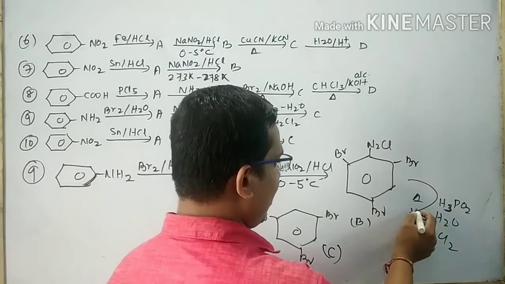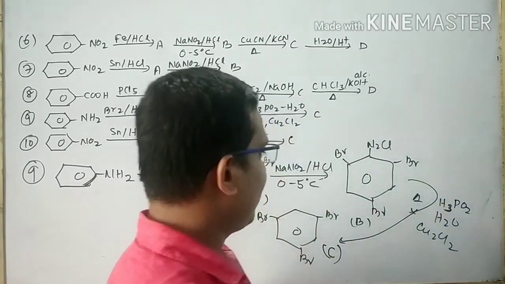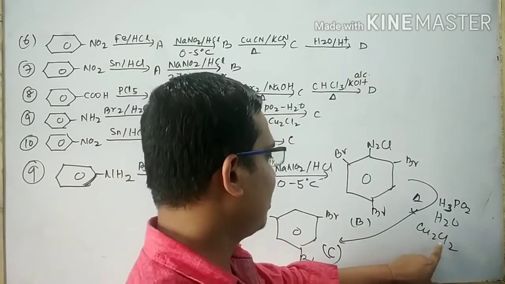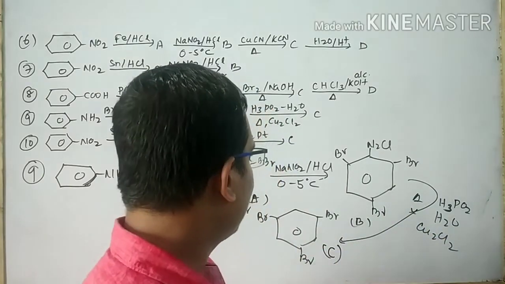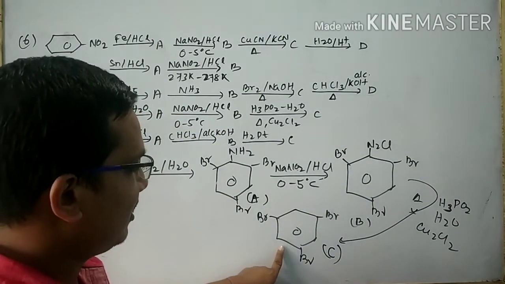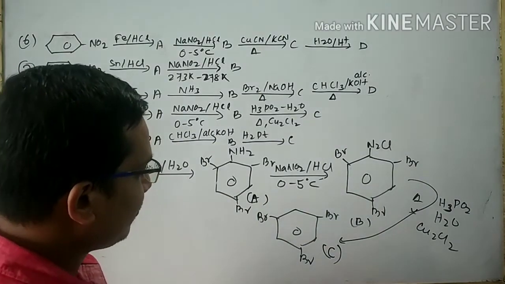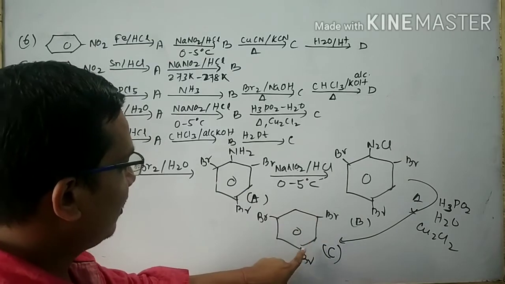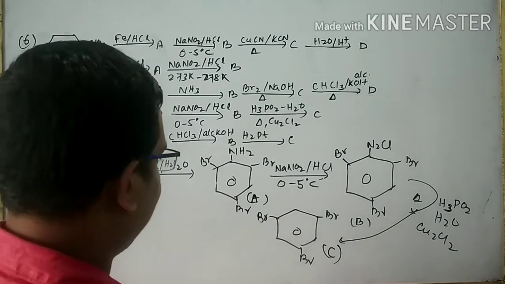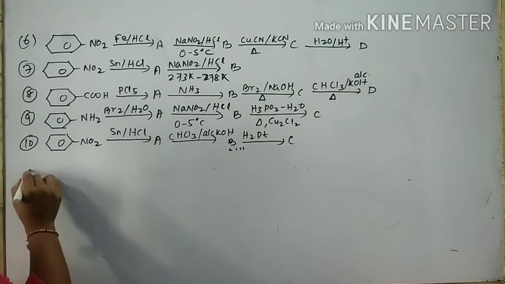Now the B product is subjected to reaction with the H3PO2. Water is also given, heat is also given. Then this product is formed. This is your considered as C. The name of the product is your 1,3,5 tribromobenzene. Next I will do the question number 10.